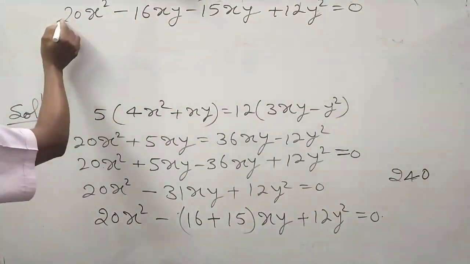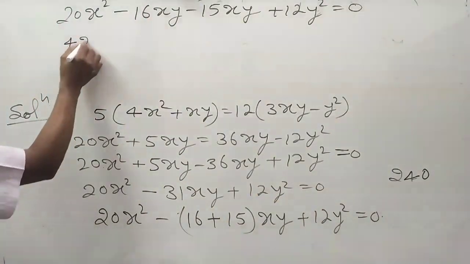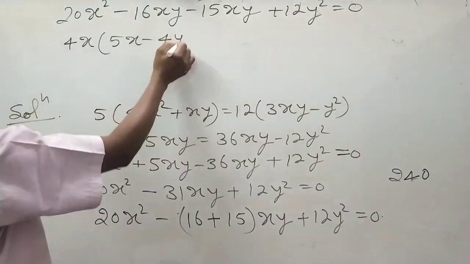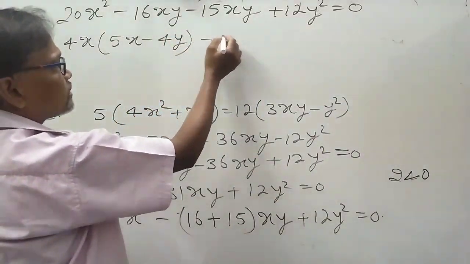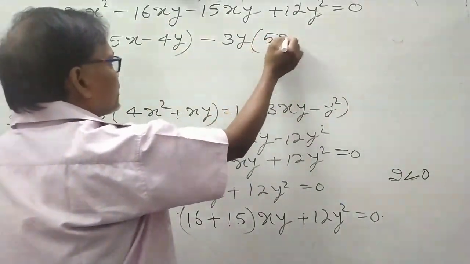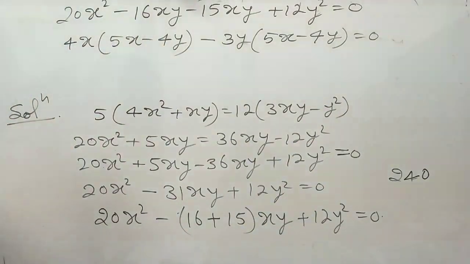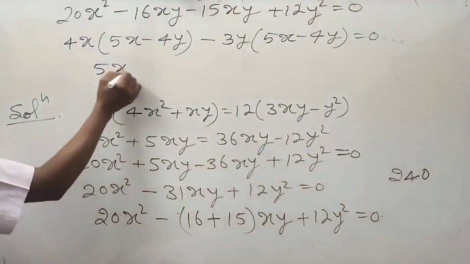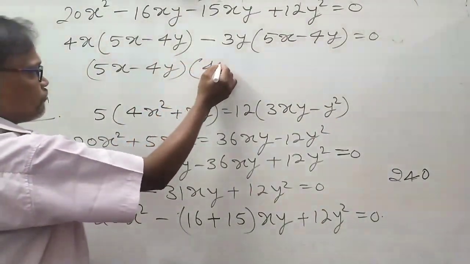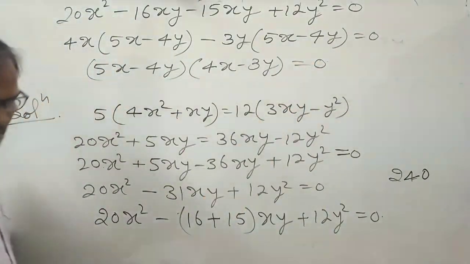Now make groups of these two and take common factors. 4x is common, and 3y is common, giving 5x minus 4y in both brackets. So (5x minus 4y) into (4x minus 3y) is equal to 0.